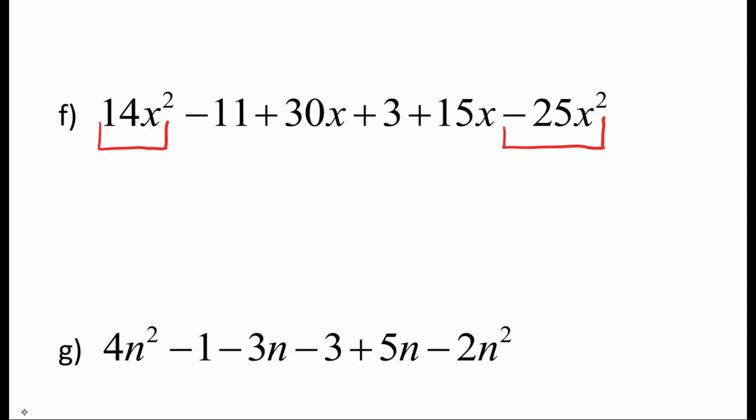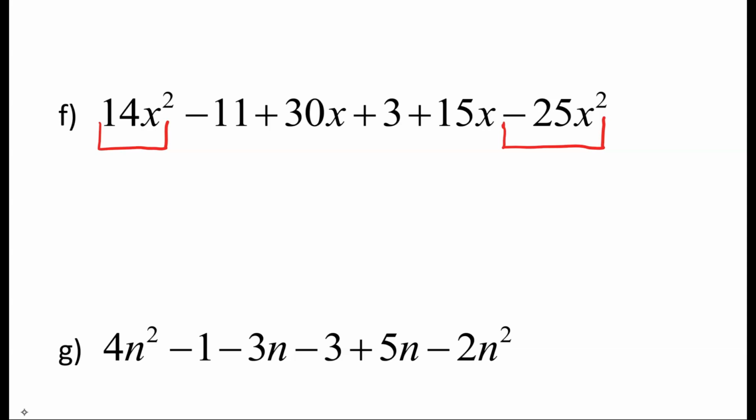One thing that I find always helps so that you know if it's a positive or negative is to make sure that wherever you're boxing or circling, you're including that plus or that negative, so that addition or subtraction, because that will travel with it when you're moving them around. So our x squareds we have grouped together. The next one I'm going to look at is my constant, which is negative 11.